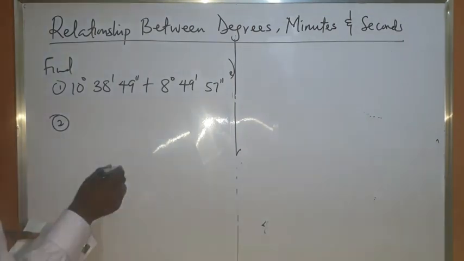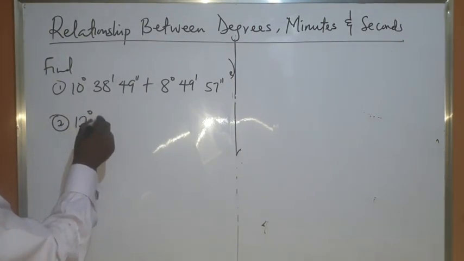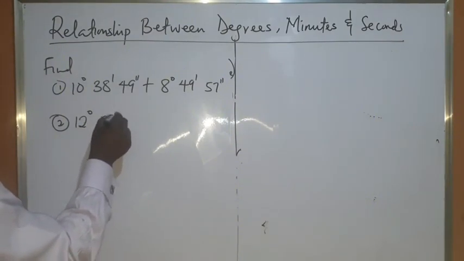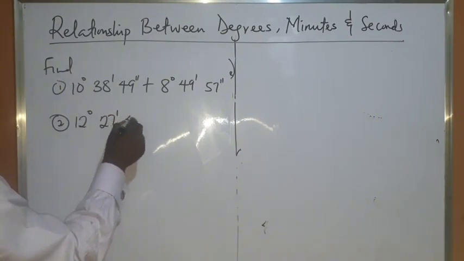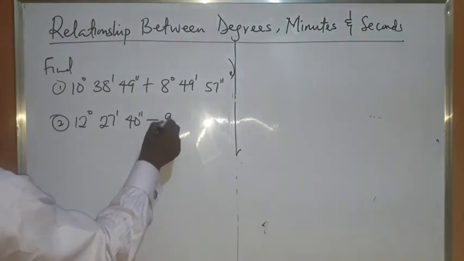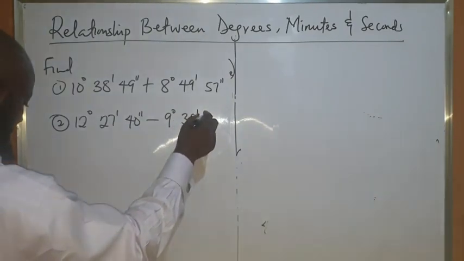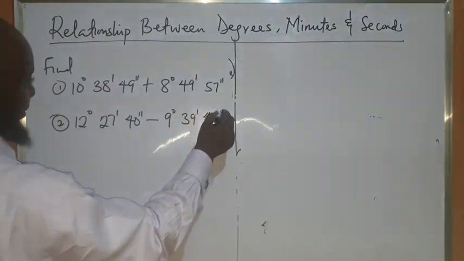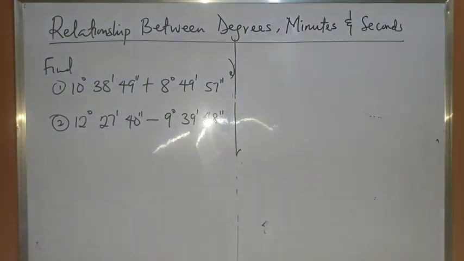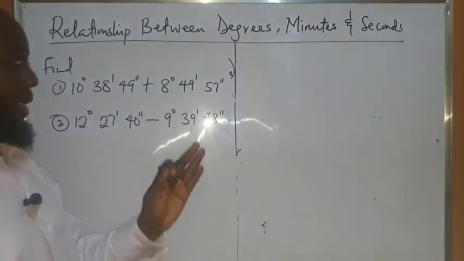Second one, we have 12 degrees 27 minutes 40 seconds minus 9 degrees 39 minutes then 48 seconds. All right, so for us to do this, let's do it the normal way you add and subtract numbers.